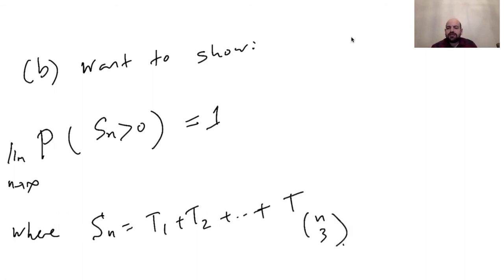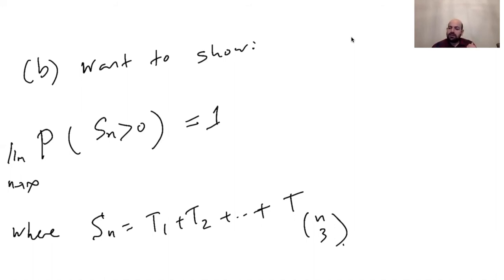Please remember that T1 is the indicator random variable for A1, the event that I have a triangle with vertices 1, 2, 3, and so on, all the way to the indicator random variable for A sub n choose 3, denoted T sub n choose 3. T1 is either 0 or 1; it determines whether you have a triangle with vertices 1, 2, 3 or not. Same for T2, all the way to T sub n choose 3. If I add all these indicator random variables, it measures the number of triangles in total.